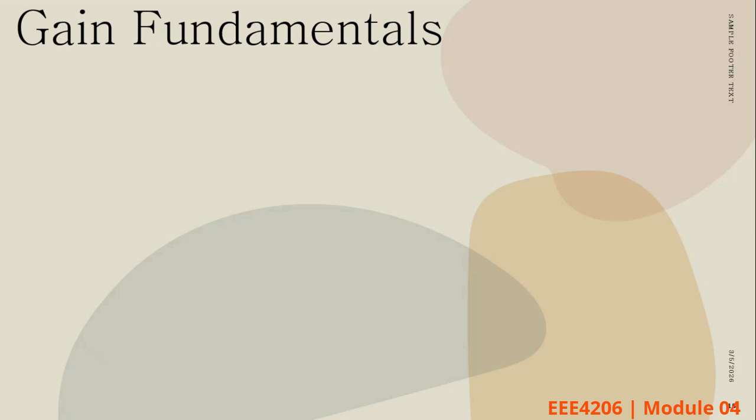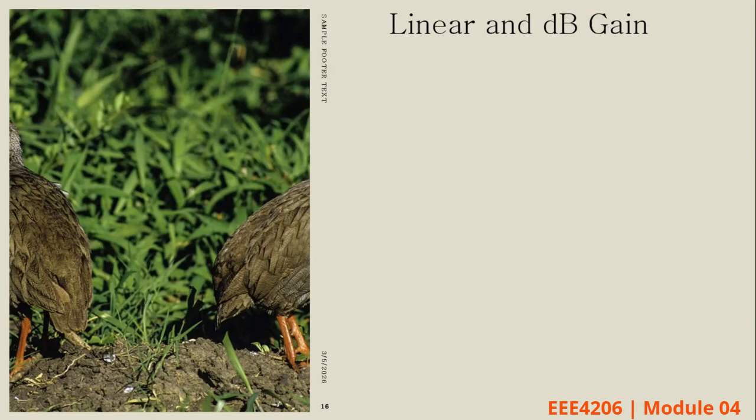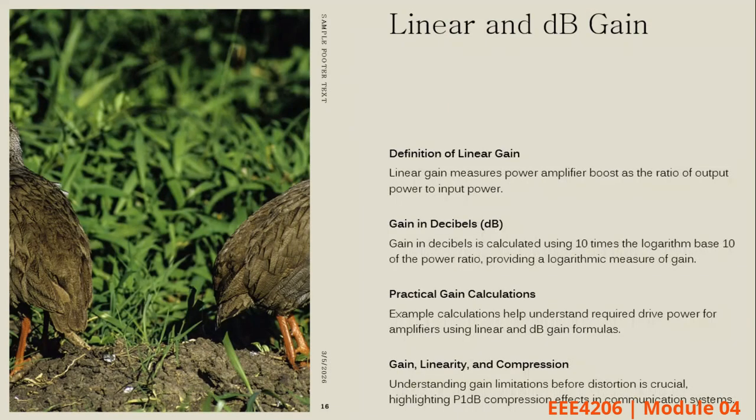So gain tells us how much the amplifier increases signal power. Okay, how much the amplifier increases signal power. And in linear terms, gain is simply the ratio of output power to input power. And this one, you also calculate in decibels as well.